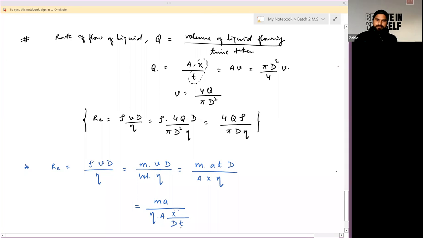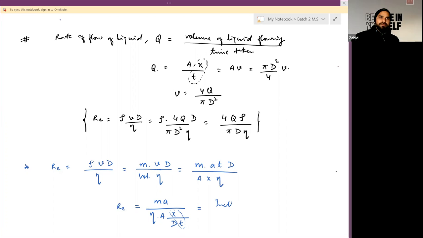So this term is velocity divided by length, that is, velocity gradient, into A times eta. This entire term will be viscous force. And this numerator is mass times acceleration, which will be termed as inertial force. So we can write Reynolds number is also equal to the ratio of inertial force to the viscous force.